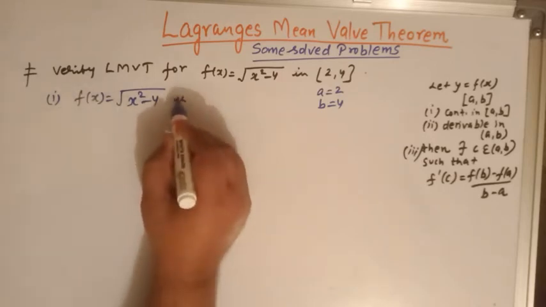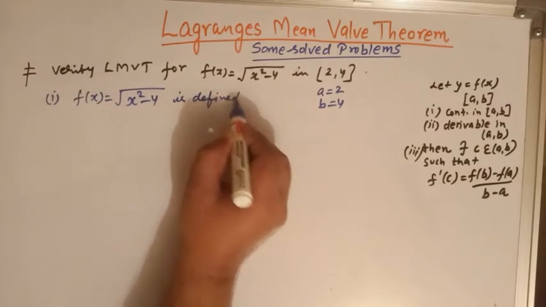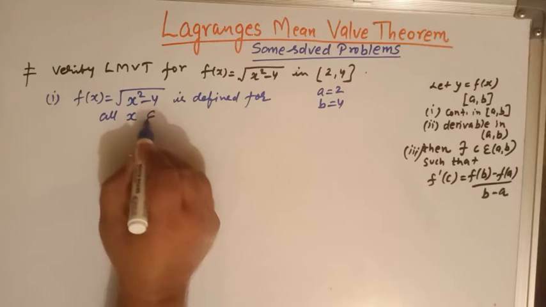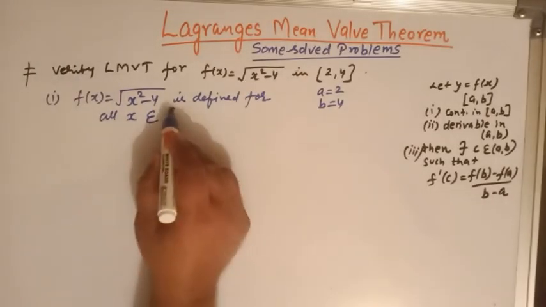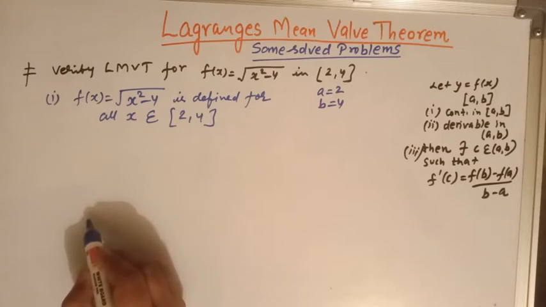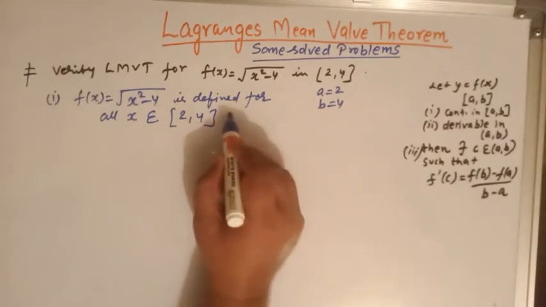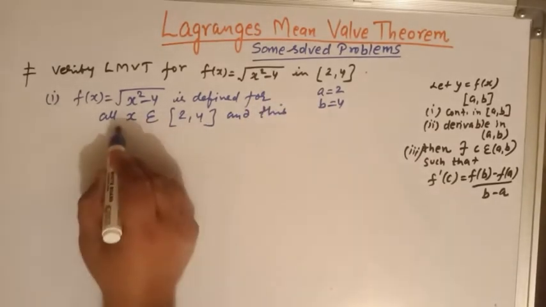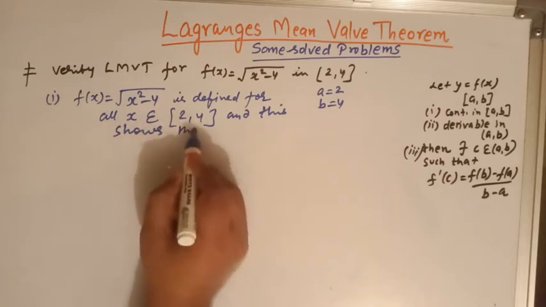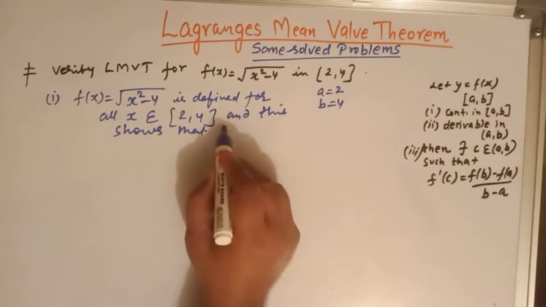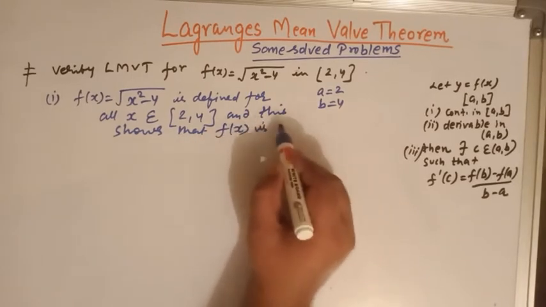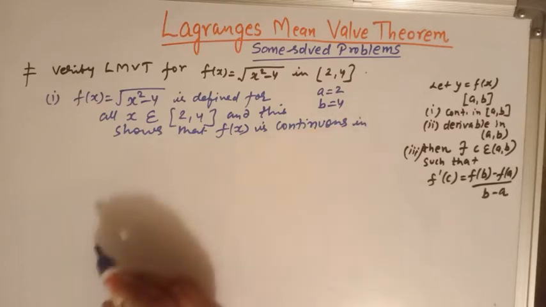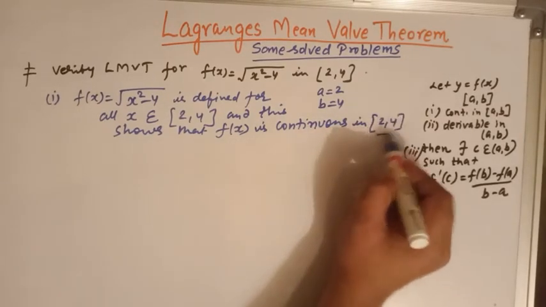function f(x) is defined for all x belonging to this interval [2, 4], and this shows that f(x) is continuous in [2, 4].